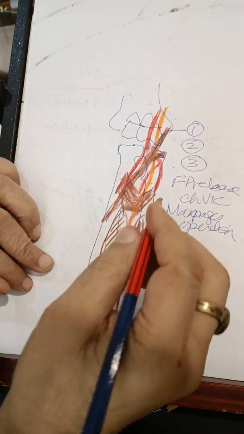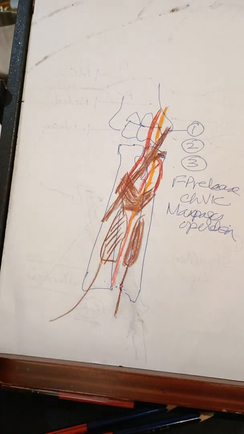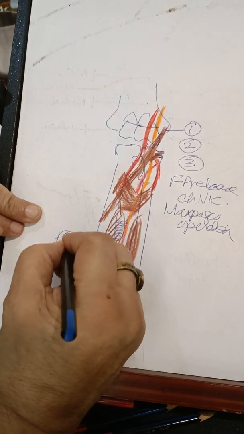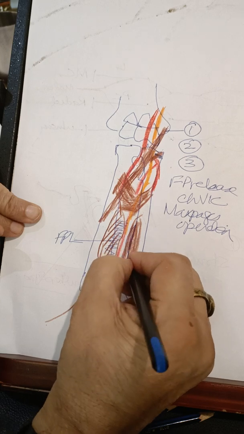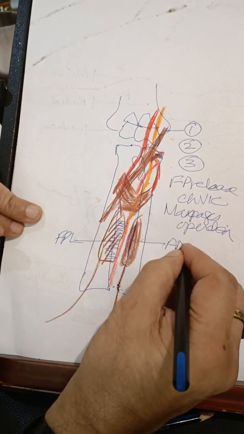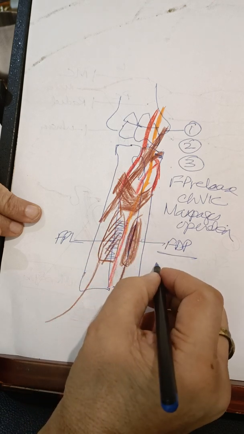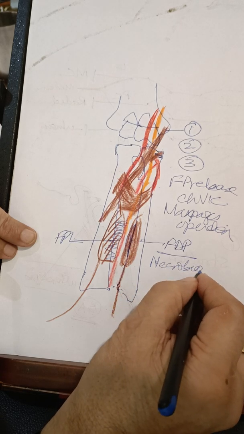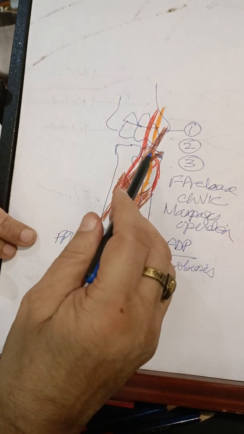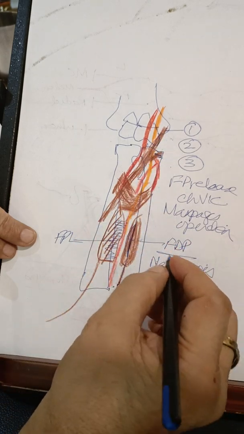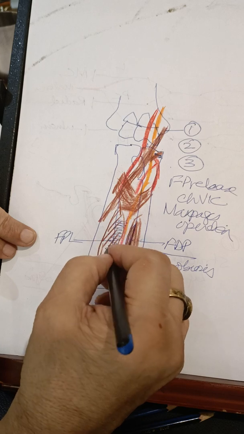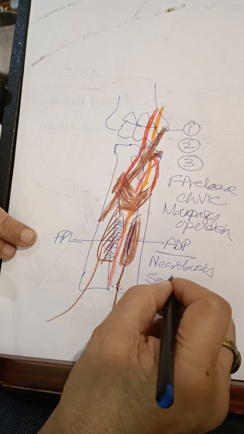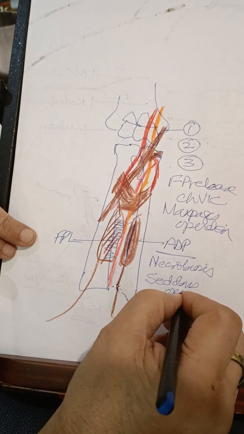So in ischemia, the adjacent portions of flexor pollicis longus and flexor digitorum profundus become sequestrated, become ischemic, and undergo necrobiosis. So besides the flexor pronator release in chronic VIC, you may have to remove this muscle sequestrum and the entrapment of the nerve here. This is called Seddon's operation.